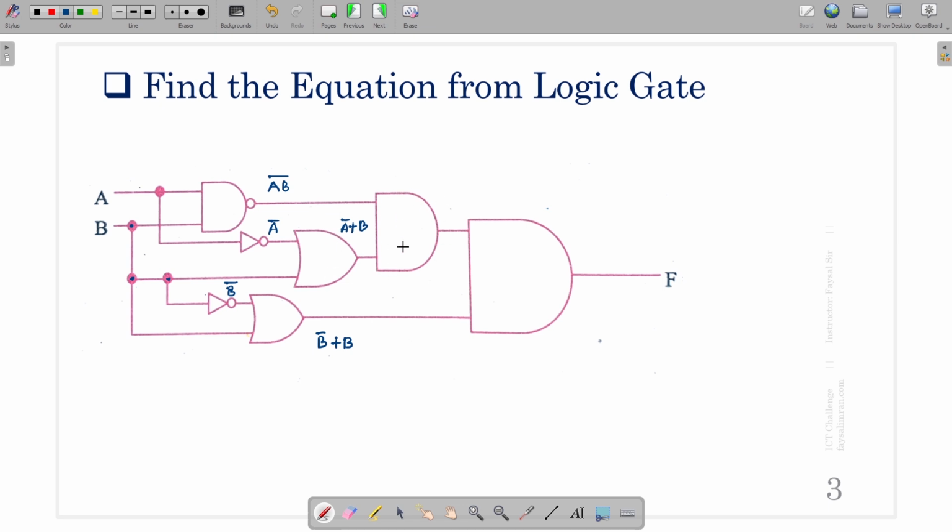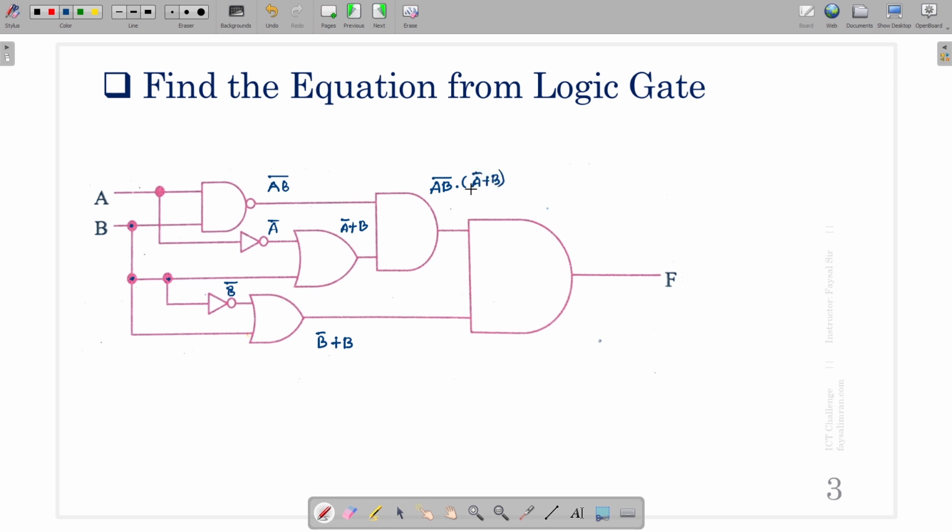Also this is an AND logic gate, and this logic gate must multiply its inputs, so here you will get (A plus B) whole bar into, and the other input is this one, A bar plus B.